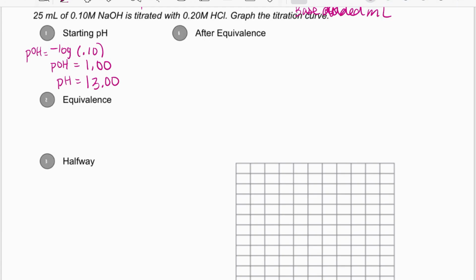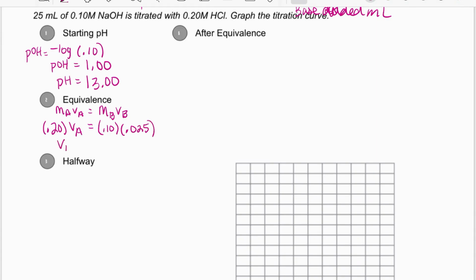For equivalence, again, I'm going to use MA VA equals MB VB. So my molarity of my acid, which is the thing I'm titrating in, is 0.20 molarity. I'm trying to solve for my volume of acid I add. My molarity of my base is 0.10, and then my volume is 0.025.